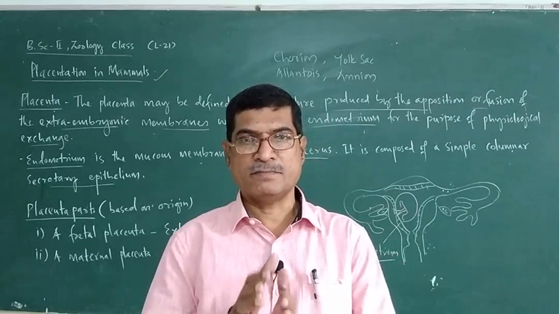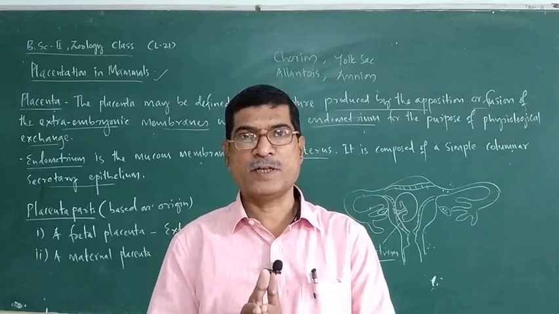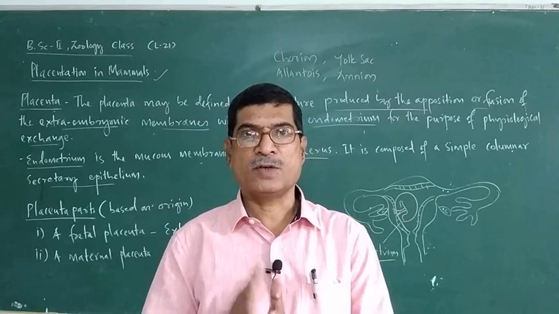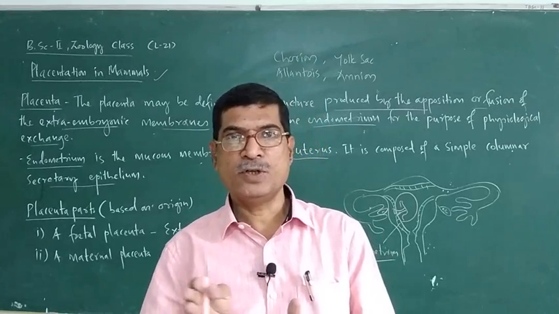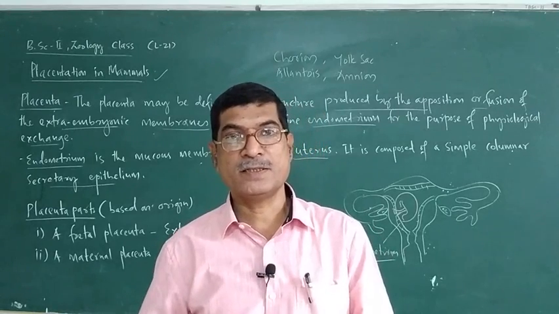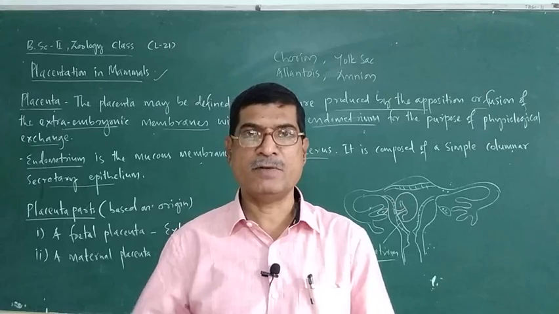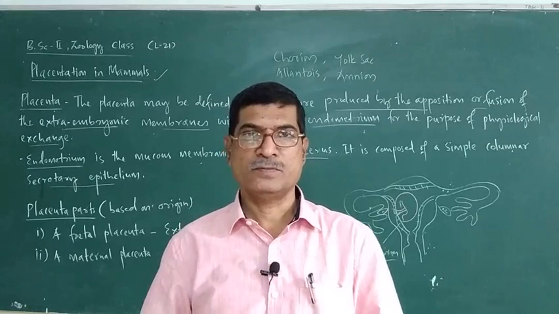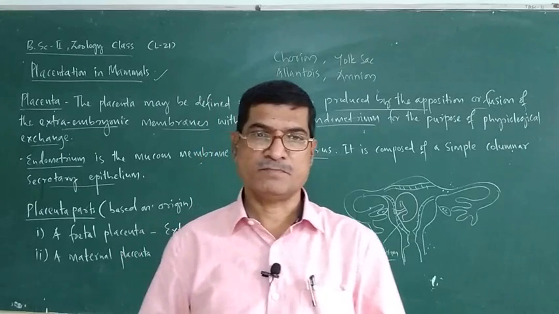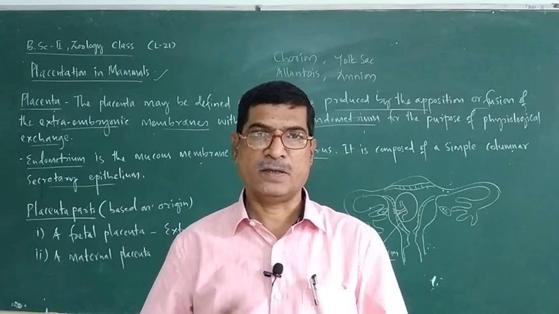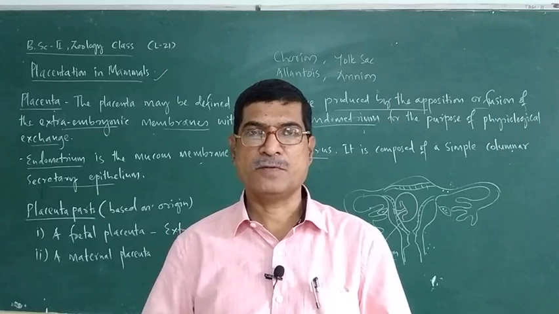Endometrium is the surface of the uterus to which the growing embryo is attached. So attachment of the embryo to the endometrium is known as implantation. This you will come to know. What is implantation? What is the formation of placenta?